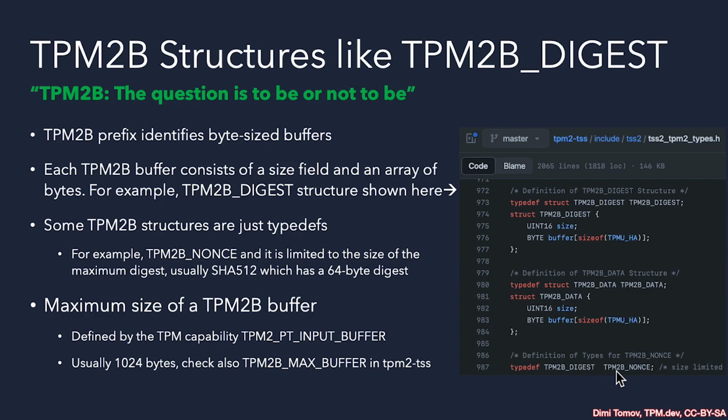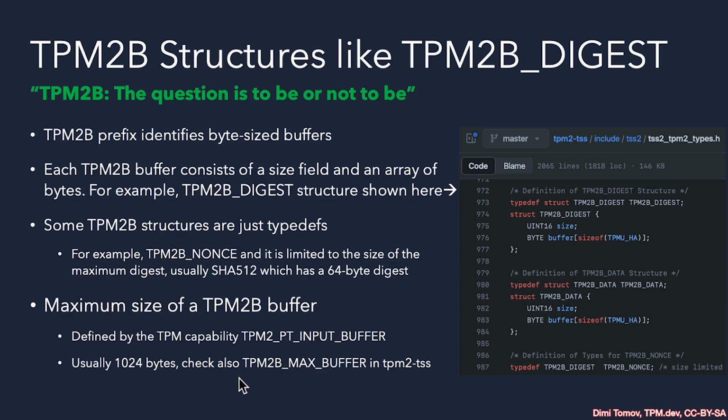And as shown here, in most cases, you find that these types are typedefs. For example, here the TPM2B nonce is actually a typedef to TPM2B digest, and that's okay. It's just the understanding that the TPM2B structures are very useful and very common. You have the size field, you have the buffer field, and the maximum size is defined either by the TPM capability, this one, TPM2 PT input buffer, and we've learned how to query TPM capabilities in TC1101.